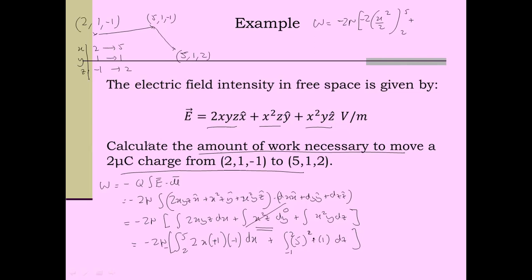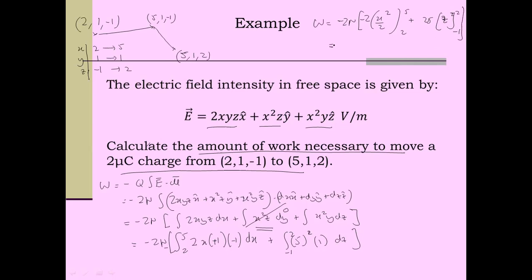There's no plus here. I think I made a mistake for this integration. Sorry for that. So that should be 5 squared times 1, supposedly. That should give us 25, and z only, which is from -1 to 2. So that should be the integration.